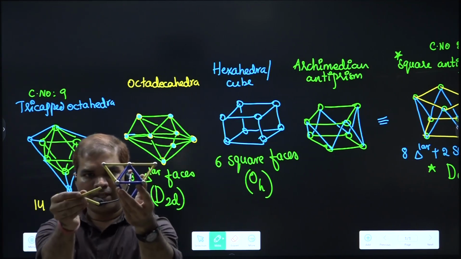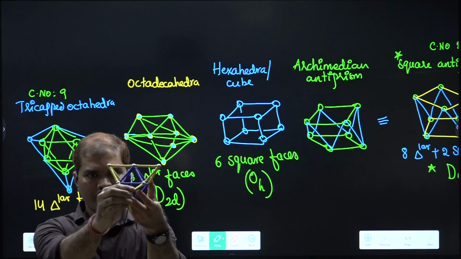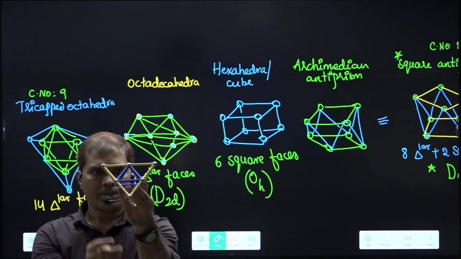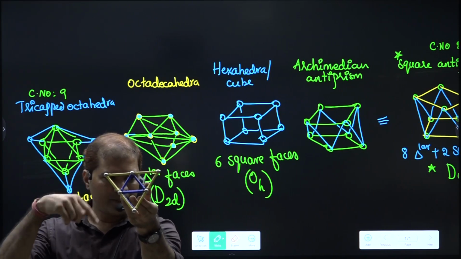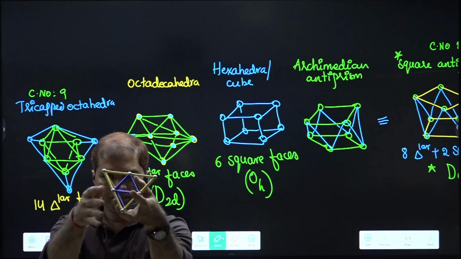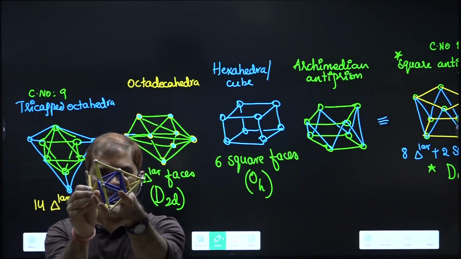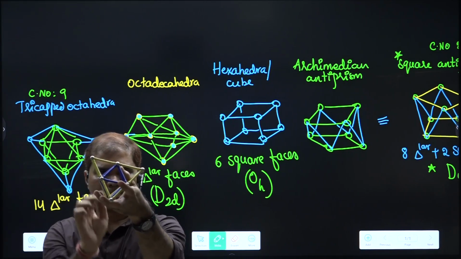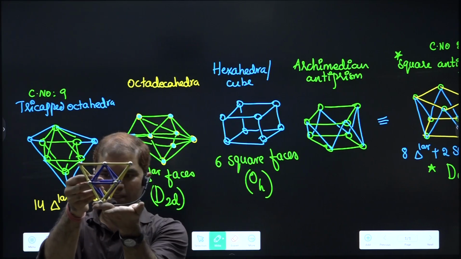Okay, if I take the tricapped, I should not put it here below. I have to put it towards you or away. This is the third cap, and fourth cap will come away from you. Away means I'll put it and then I'll show. This is tetracapped octahedra.